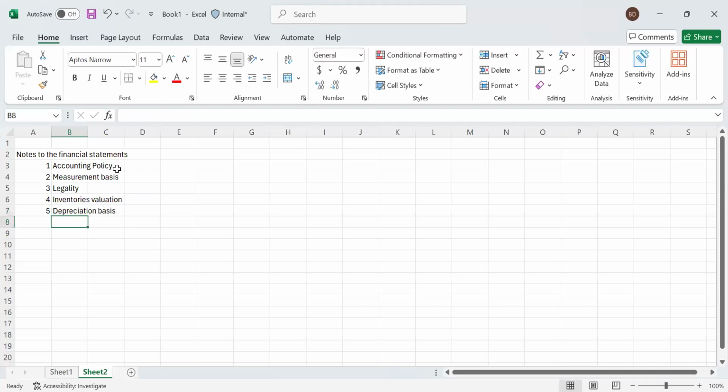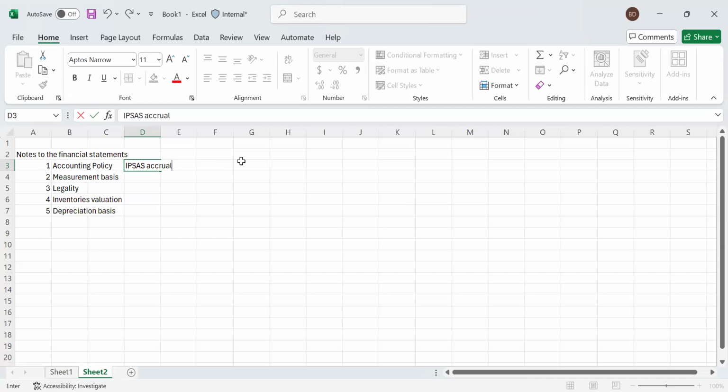Okay. So accounting policy, what will be our accounting policy? So you say the financial statements have been prepared based on the IPSAS accrual basis. Okay.